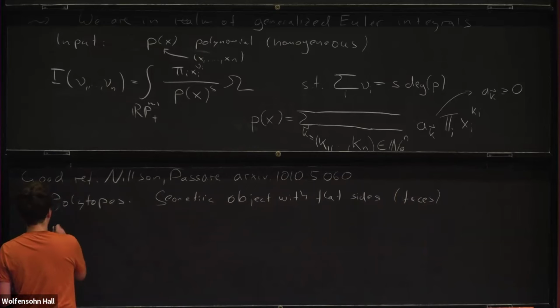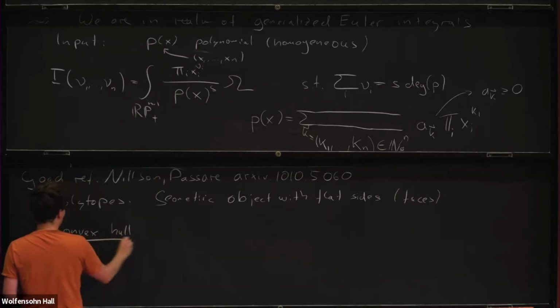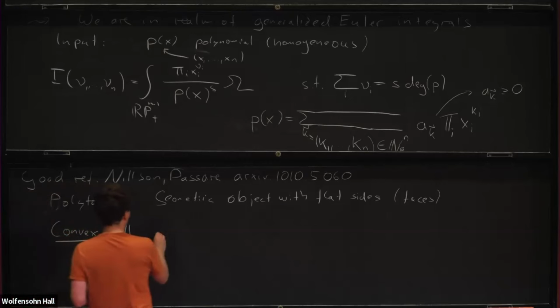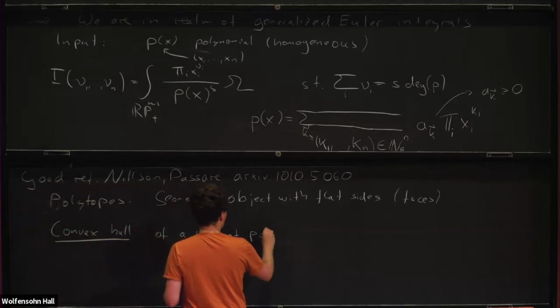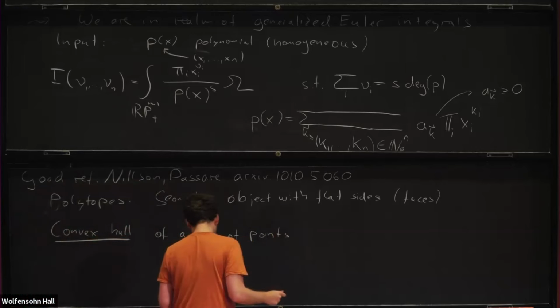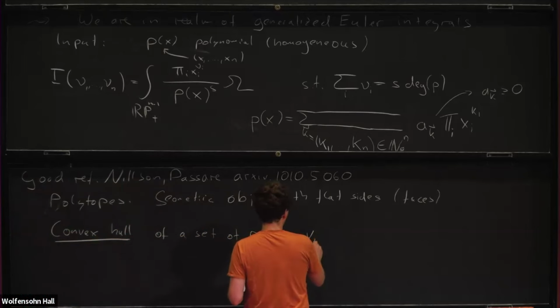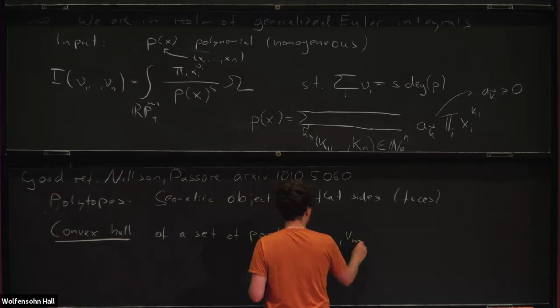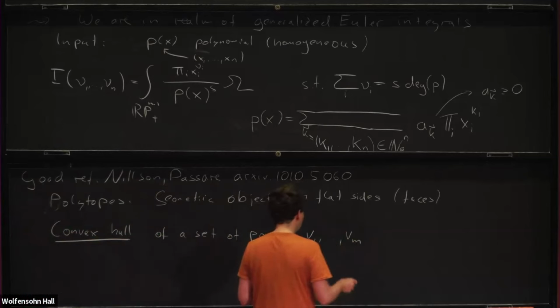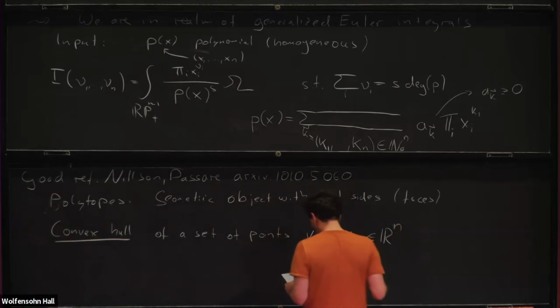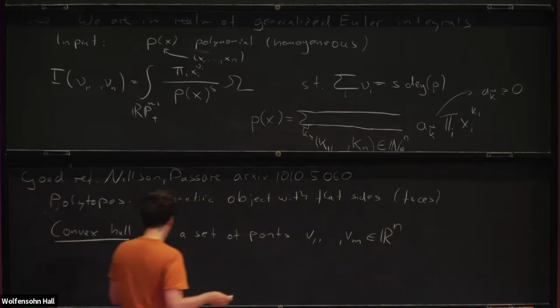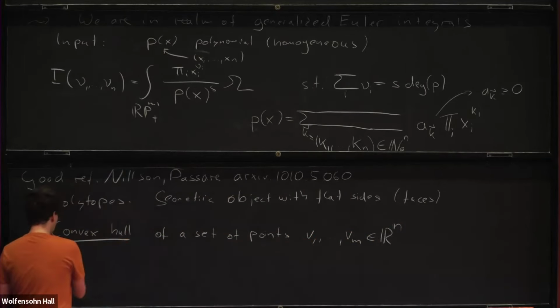So the convex hull of a set of points, so for instance, V1 to Vm in Rn, it's denoted as, say, this is going to be a polytope.